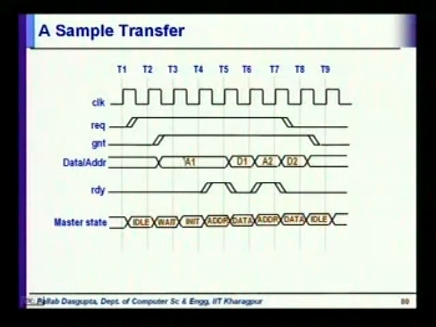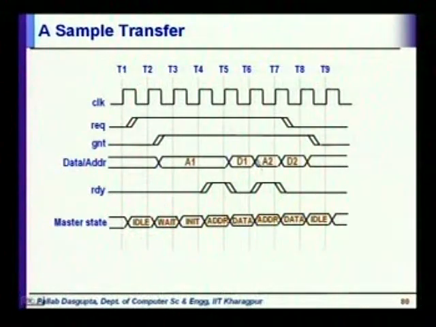In the next cycle the slave was not ready, so it keeps the address floated for the next cycle also, and then when it gets ready, it immediately floats the data, right.